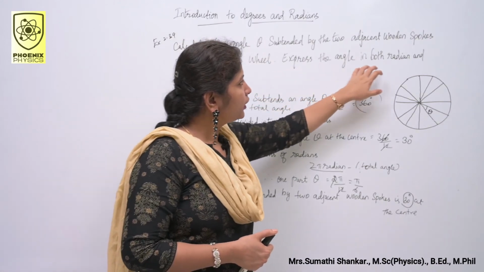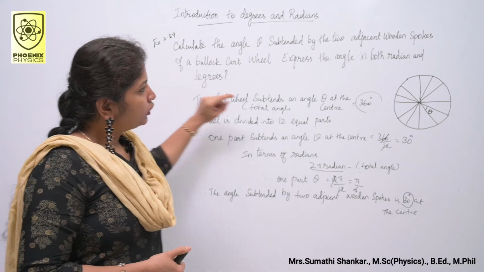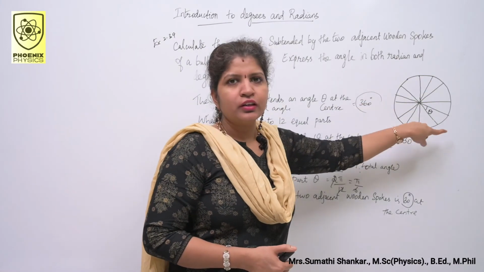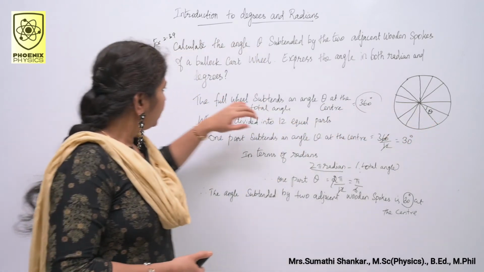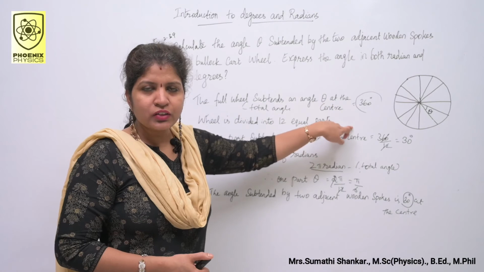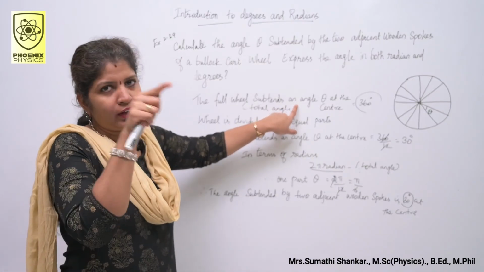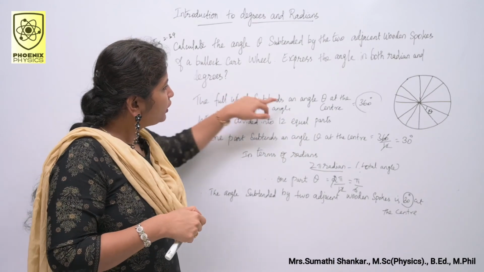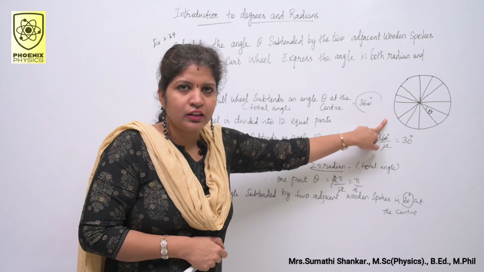Express the angle in both radian and degrees. Here, the total angle for this circle is 360 degree. Right? So, the full wheel subtends an angle theta at the center is 360 degree.